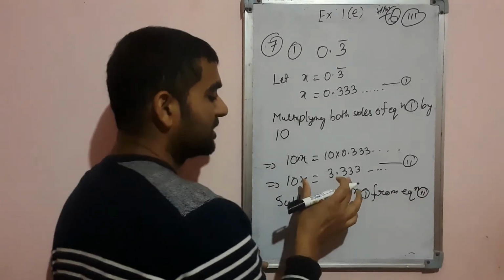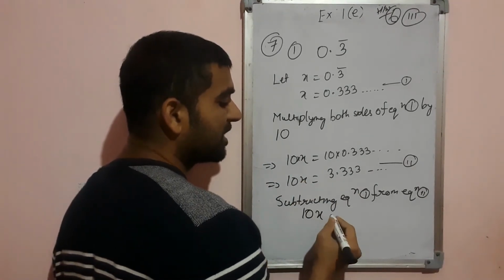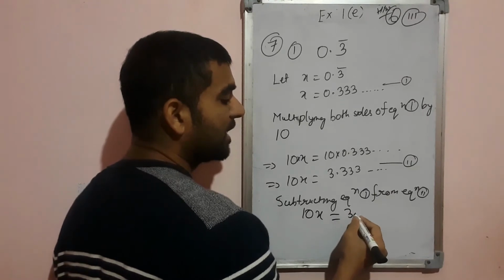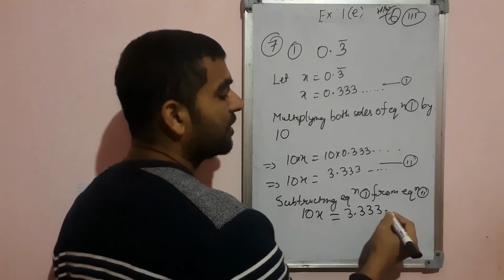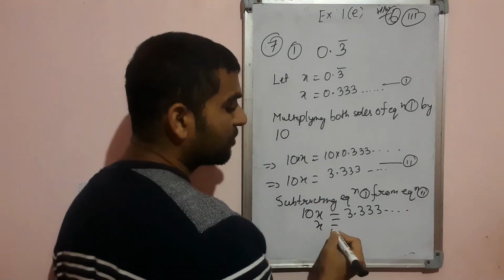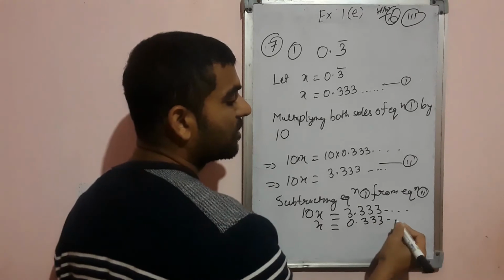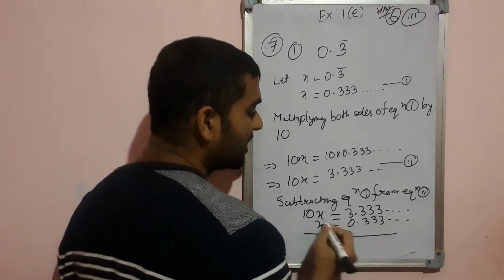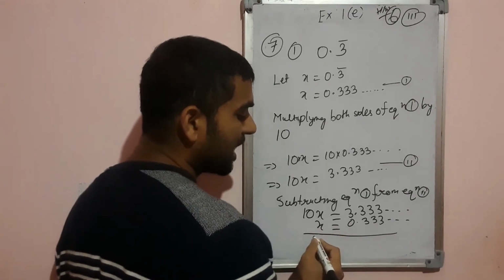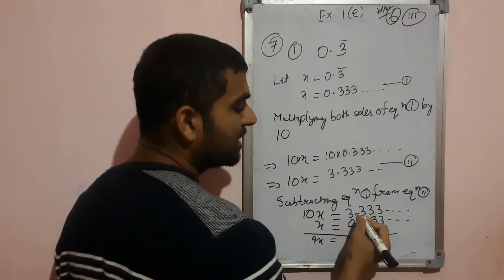So this is our equation 2. I will write it down first, because from this we have to subtract equation 1. 3.333 dot dot dot. Then equation 1 just below this, x equal to 0.333 dot dot dot. Subtract: how much are you getting? 10x minus x is 9x, equal to 3.000.